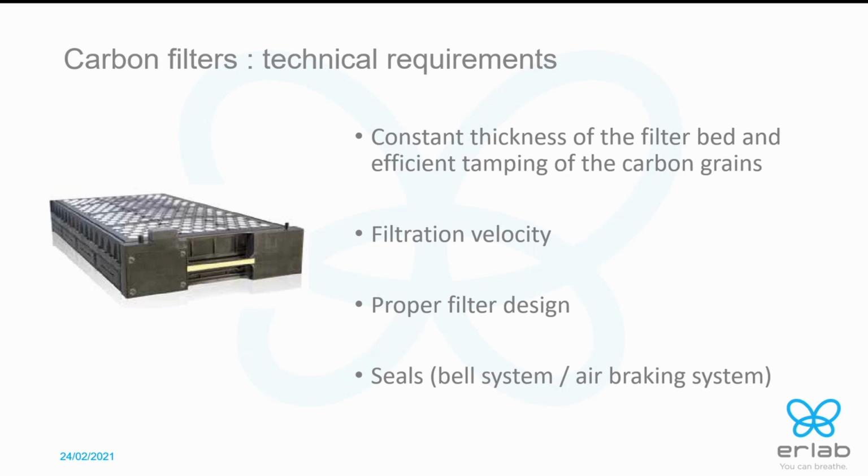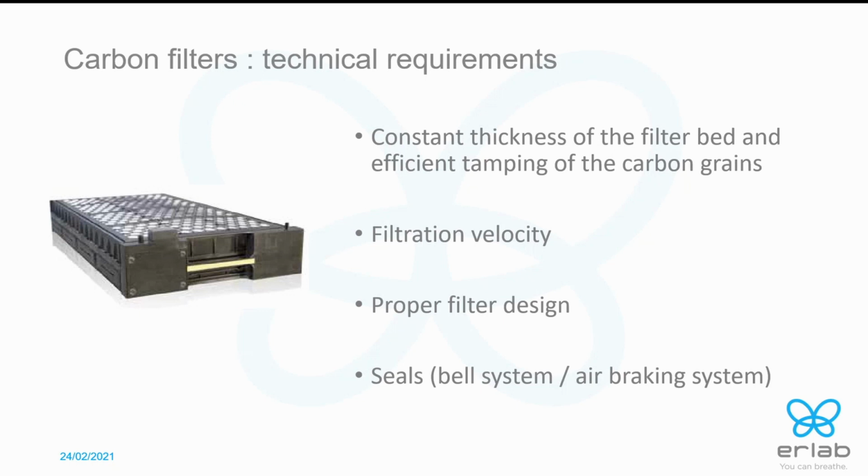In the way we produce, we make sure to have a homogeneous thickness of carbon in the filter, and not have the carbon grains allocated in an uneven way, because it will impact the quality of the filtration. So it needs to be homogeneous. We have developed our own procedures to make this and to control the quality of this.